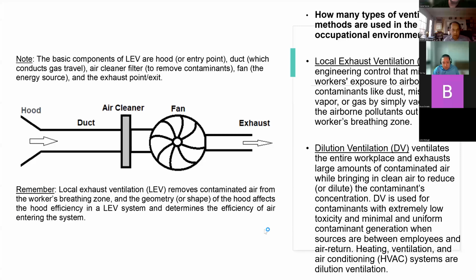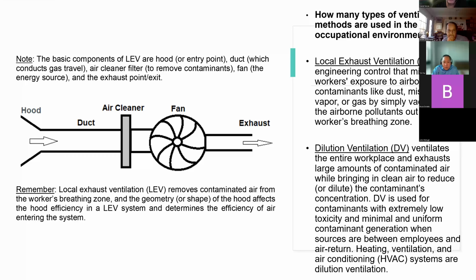These are the basic components of a local exhaust ventilation system: the hood, which is the entry point; the duct, which conducts the gas travel, and basically everything is a fluid, a liquid is a fluid, a gas is a fluid; the air cleaner, which removes the contaminants; the fan, or energy source, that pulls the air through the hood and pushes it through the exhaust, which is the exit point.